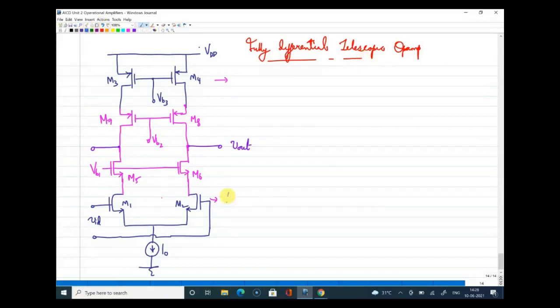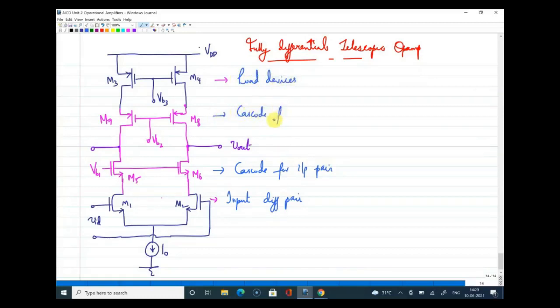It is the same. This is your input differential pair. These are the transistors which act as cascode for the input pair. Now, these are the load devices, and these two are the cascode for the load.